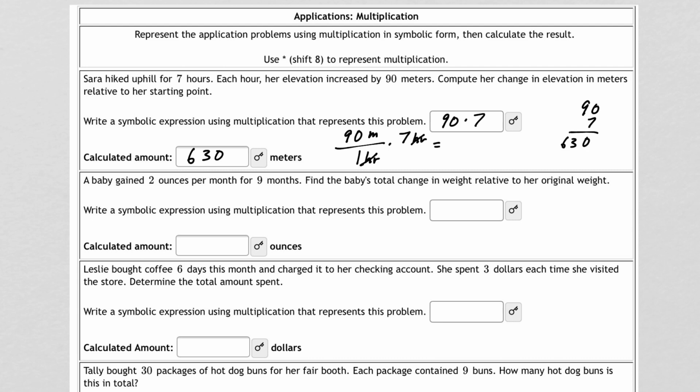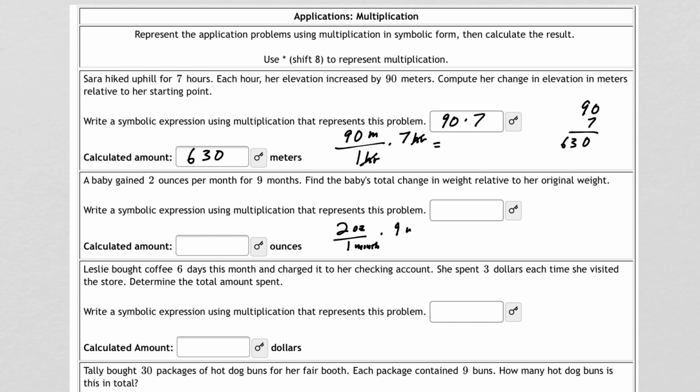Okay, second question says, a baby gained 2 ounces per month for 9 months. Find the baby's total change in weight relative to her original weight. So again, we're given a rate here, right? 2 ounces per 1 month. And it's increasing at that rate for 9 months.